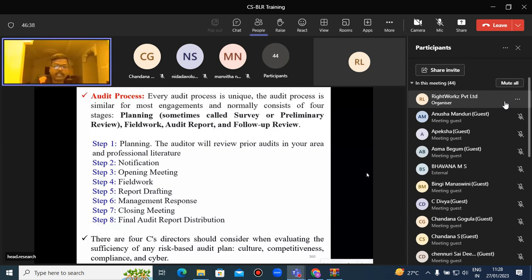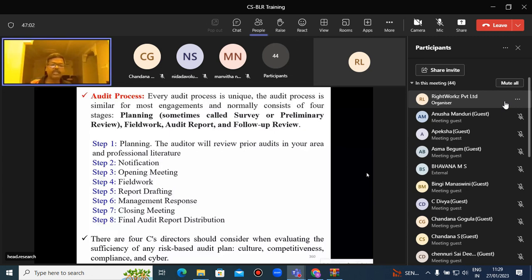Then report drafting. They give the complete information about the report drafting and management response. What is the management response of that organization? Then closing meeting, after completion of the management response.